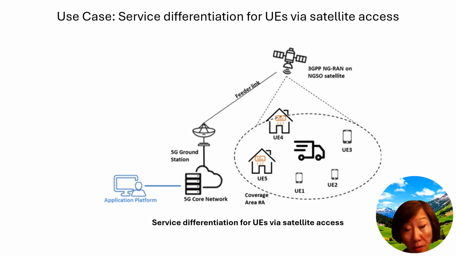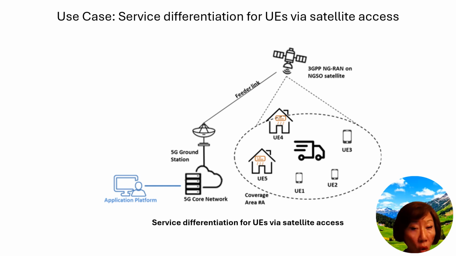It represents, again, NGSO, non-geostationary orbit satellite, with 3GPP next generation RAN capabilities. We have the feeder link, which is a solid line connecting the satellite to the 5G ground station. We have the 5G ground station, which is again depicted as a satellite dish. This is, of course, the terrestrial interface for the satellite network.